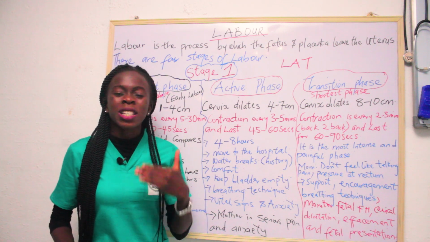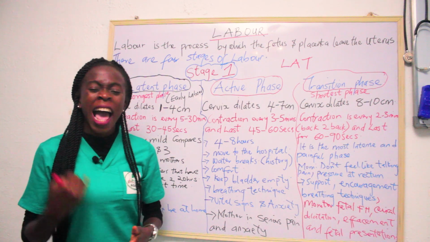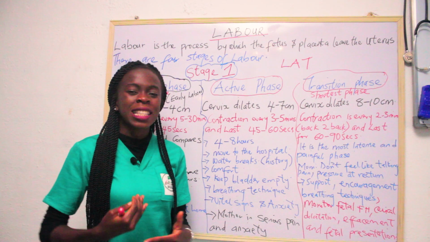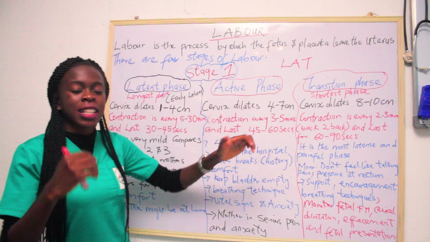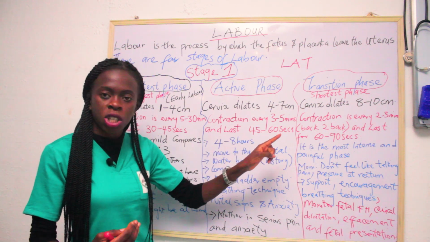Then that takes us to the second phase of stage 1, and that is the active phase of labor. In the active phase, the cervix dilates between 4 to 7 centimeters when you check it.